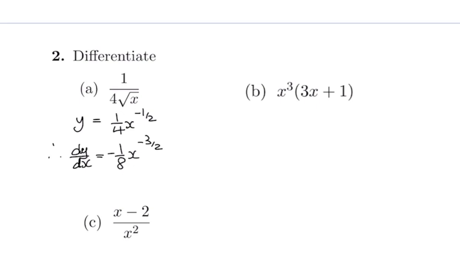Okay. B, before we start, we're going to multiply that out. So we've got 3x to the power 4 plus x cubed. Therefore, dy dx will equal 12x cubed plus 3x squared.